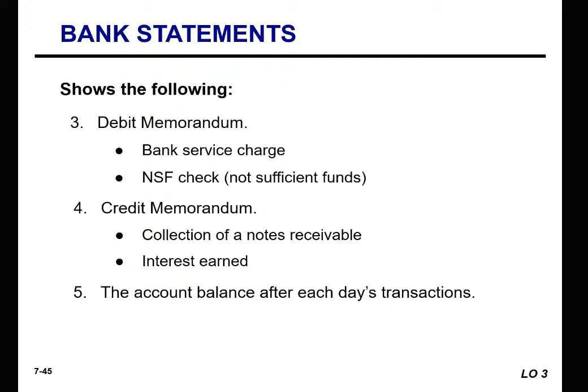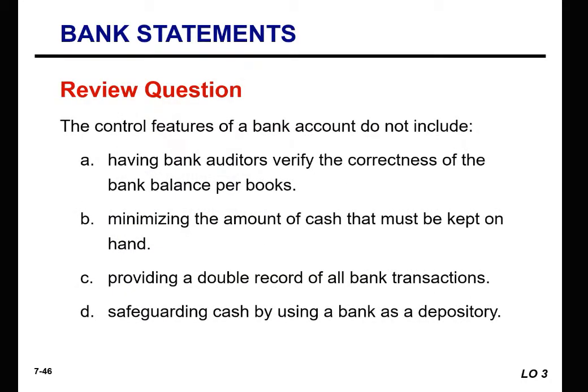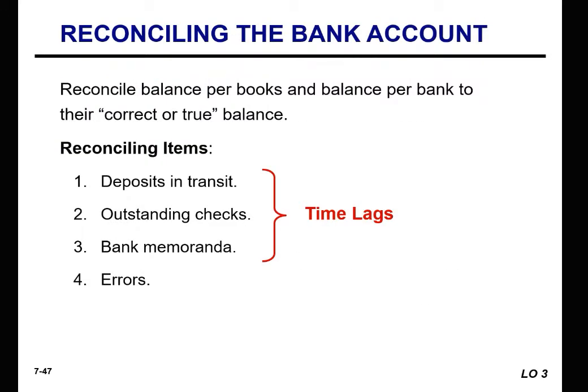There might be interest earned. These are some of the different things that the bank statement is going to show. Some of these will already be in the company's records. Some of them may not yet be there and may need to be recorded. How we determine that is by doing a reconciliation.